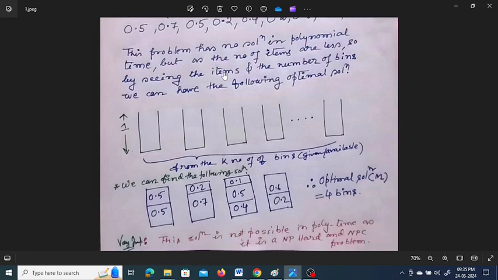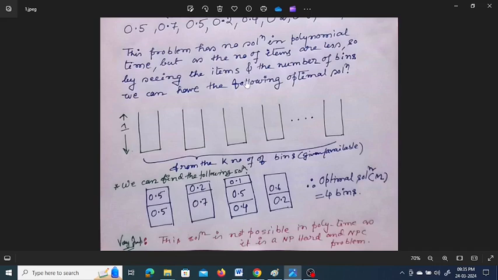However, there is no solution in polynomial time for the bin packing problem, which means optimally there is no solution available. It is an NP complete problem, in fact an NP hard problem. No one is able to solve this, but we can definitely approximate it. With 9 items we can check visually what the optimal solution could be, but when the number of items is large enough, these problems go beyond our reach. Nobody can solve it in polynomial time.